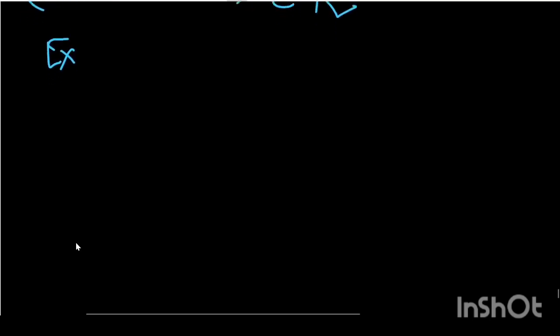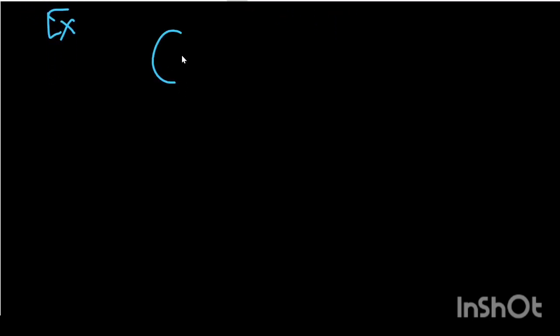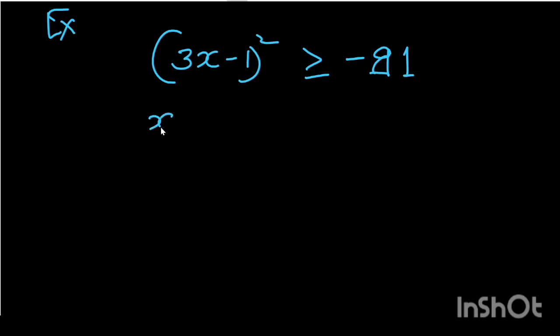Now what if, guys, I ask you, let's say instead of that, (3x minus 1) whole square greater than or equal to, let's say, minus 81? If I take minus 81, then what is x? How do we solve this, guys?